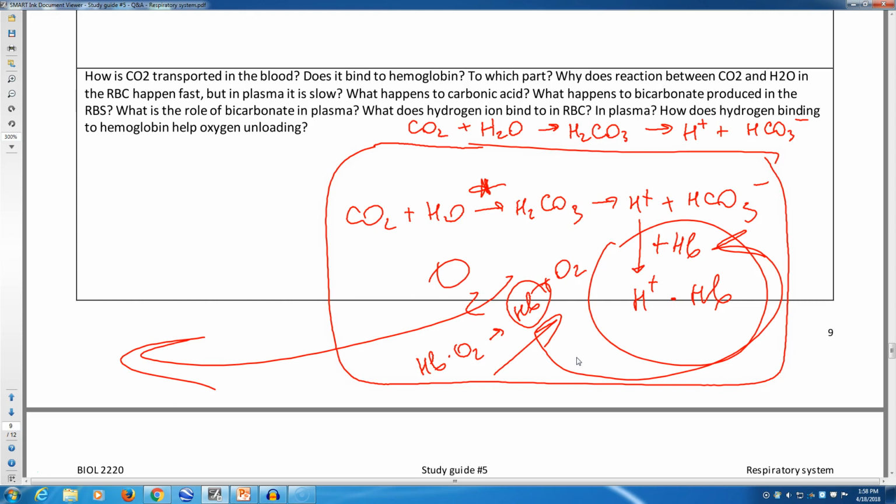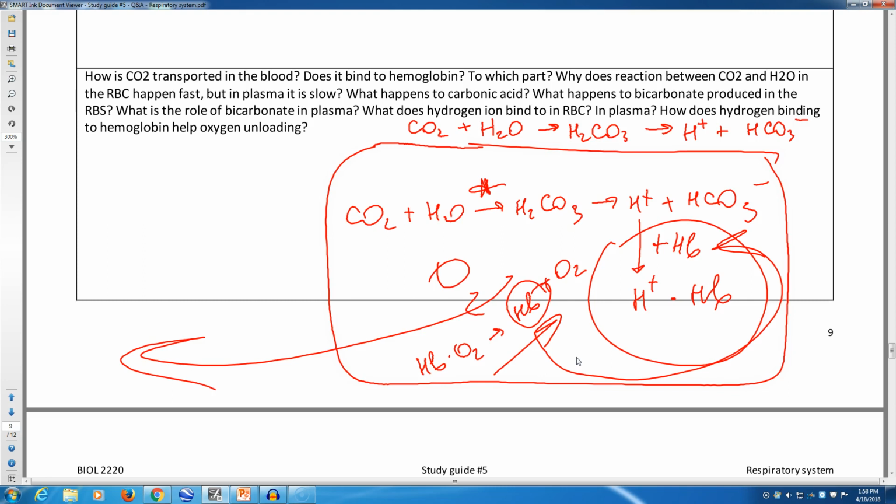Are we clear? So again, what is the role of bicarbonate in plasma? It's a buffer. Bicarbonate in the red blood cell, where does it go? Where does bicarbonate go from the red blood cell? Come on, there are not so many places. There's only one option.